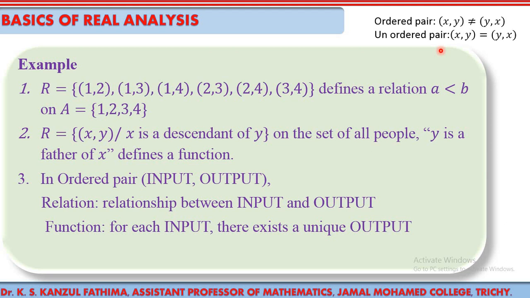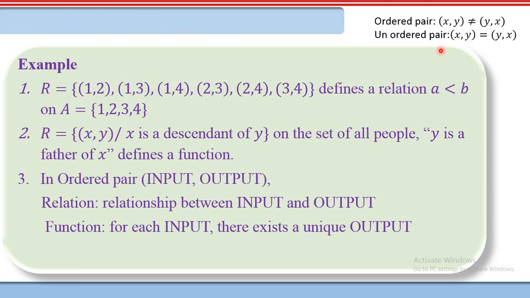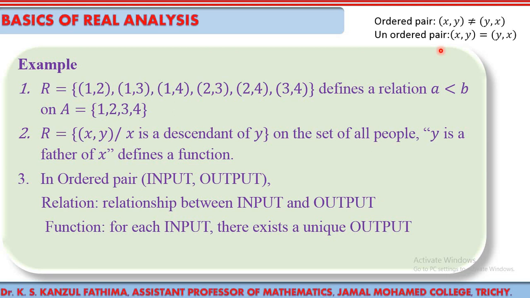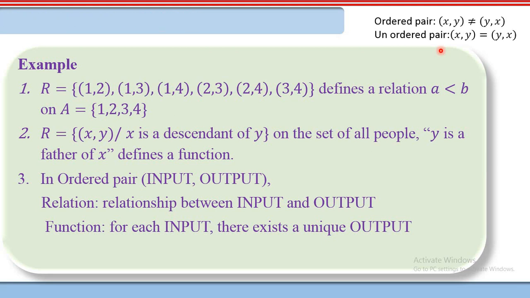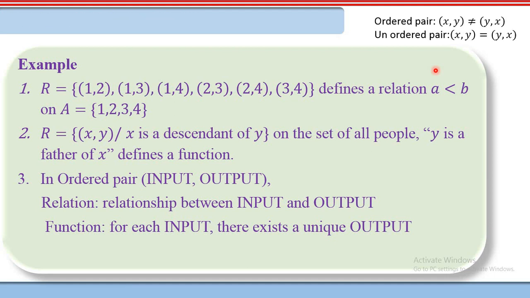This distance represents an unordered pair because the distance from x to y is the same as the distance from y to x. If we consider the pair (1, 2) in a Cartesian product, then that is an ordered pair because (1, 2) is different from (2, 1).